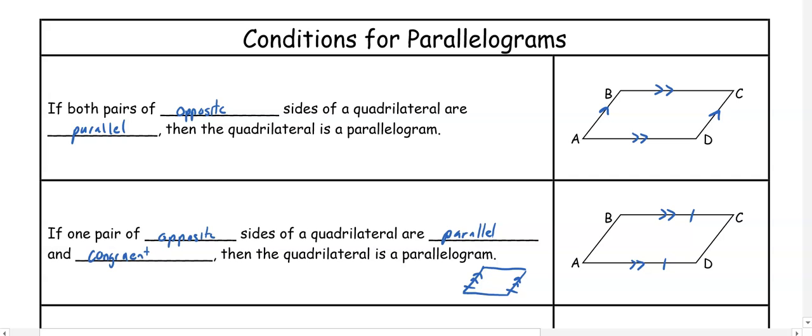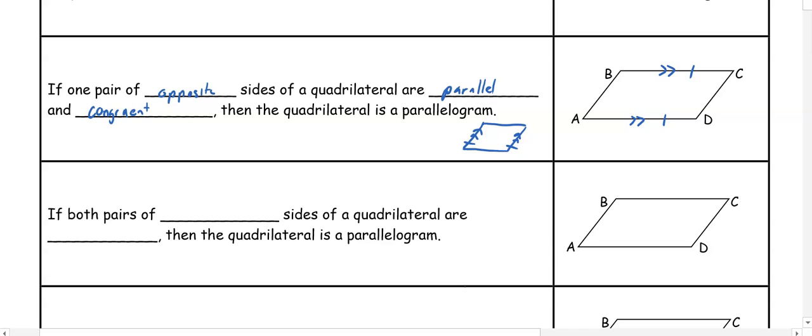So it just depends on the problem. Both are possible. Our third condition is that both pairs of opposite sides are congruent. This comes from a property of a parallelogram, so the top and bottom are congruent, the left and right are congruent.